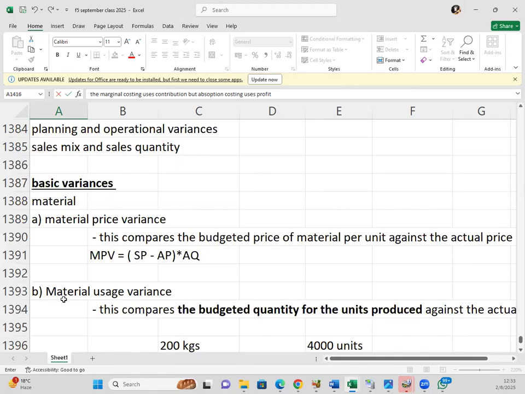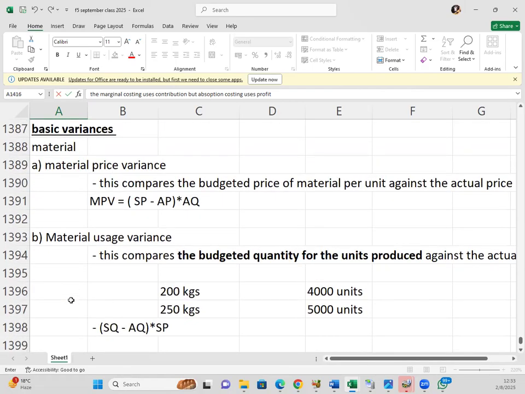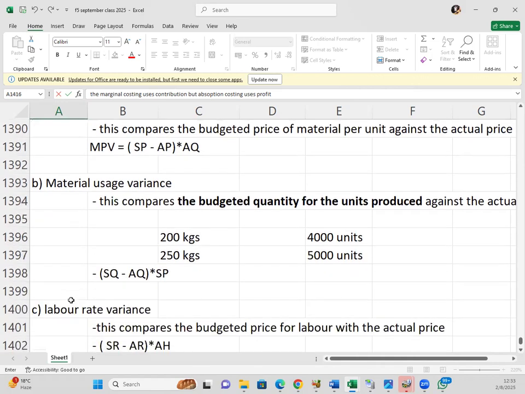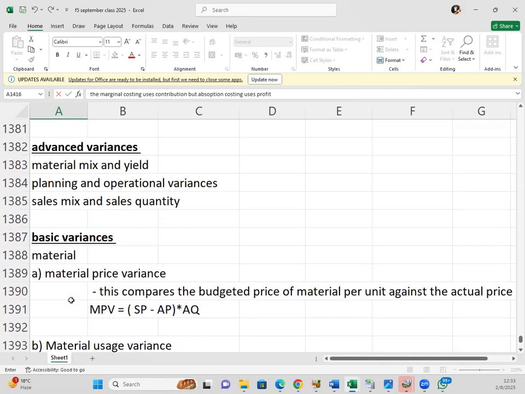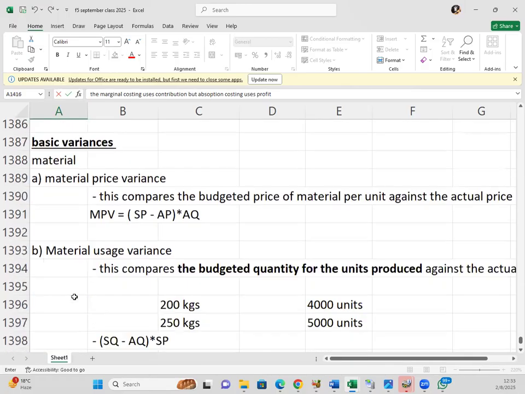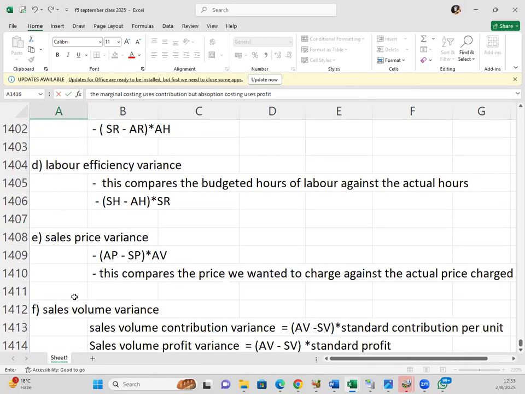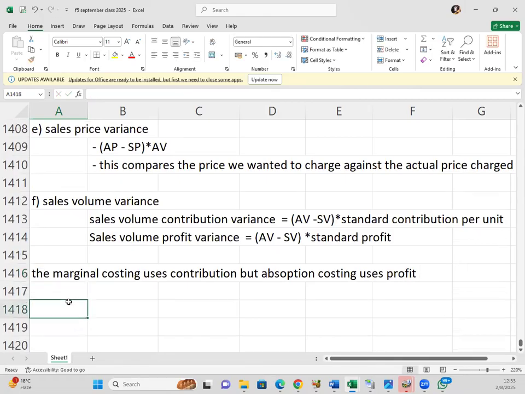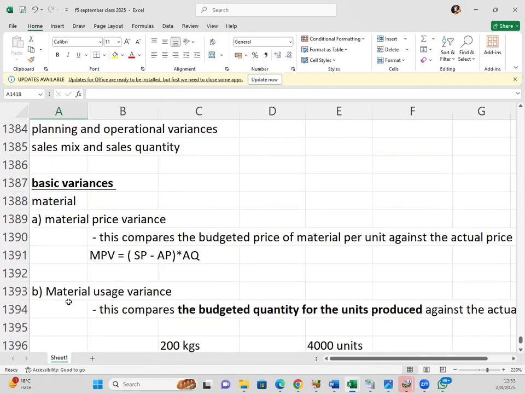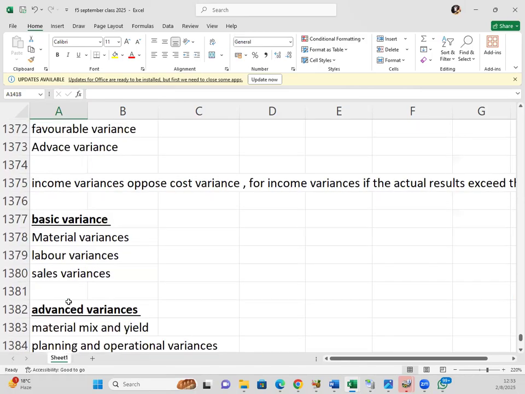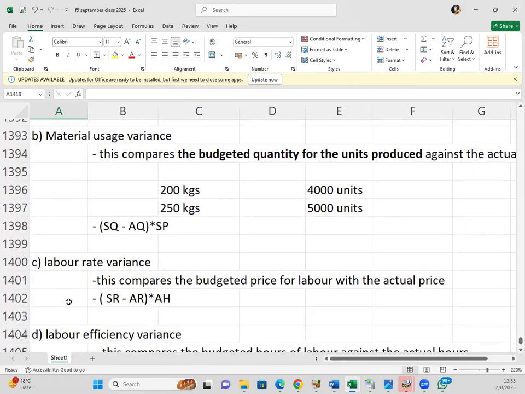If we get a basic variance question, it would be rare or it will come together with a question on advanced variances. Now, let's not waste much time on the basic variances, but get to the advanced variances.